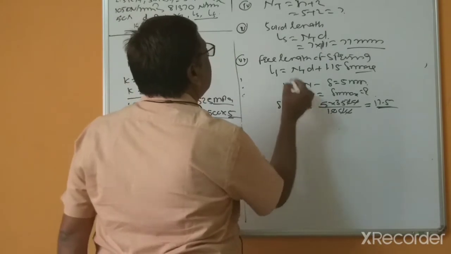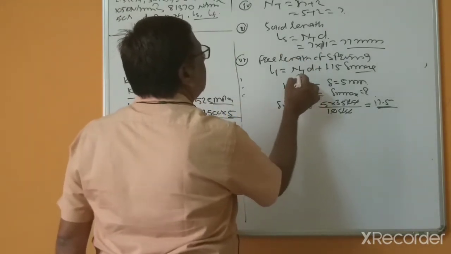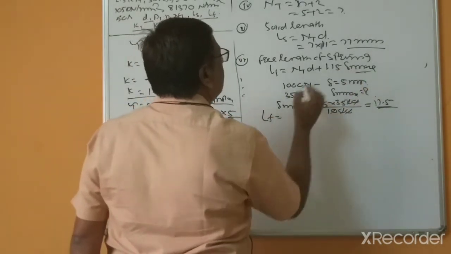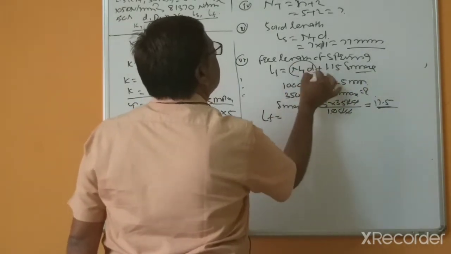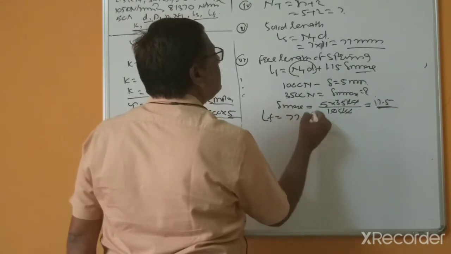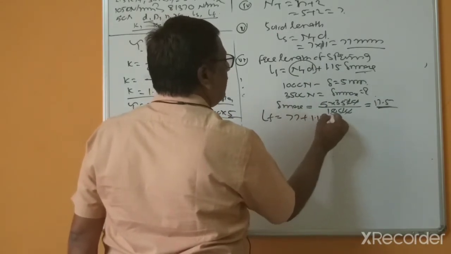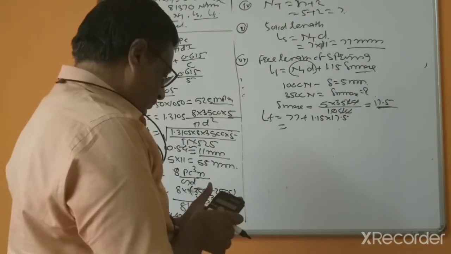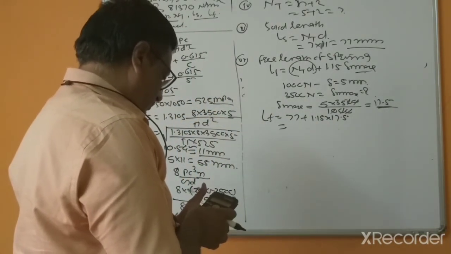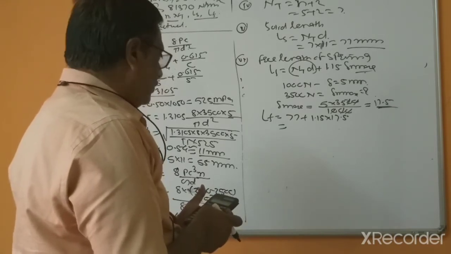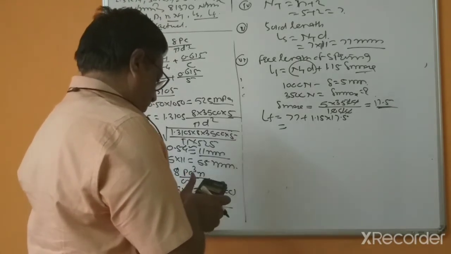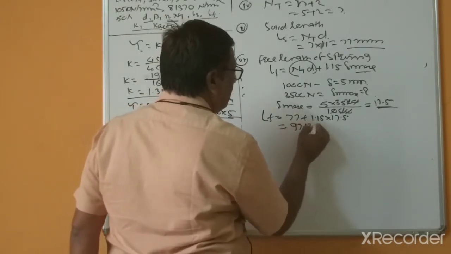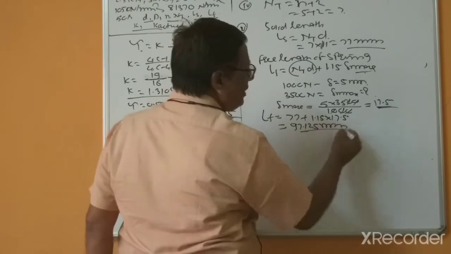Now put here, this is LF equal to 77 plus 1.15 into 17.5, which is 97.125. This is the free length of the spring.